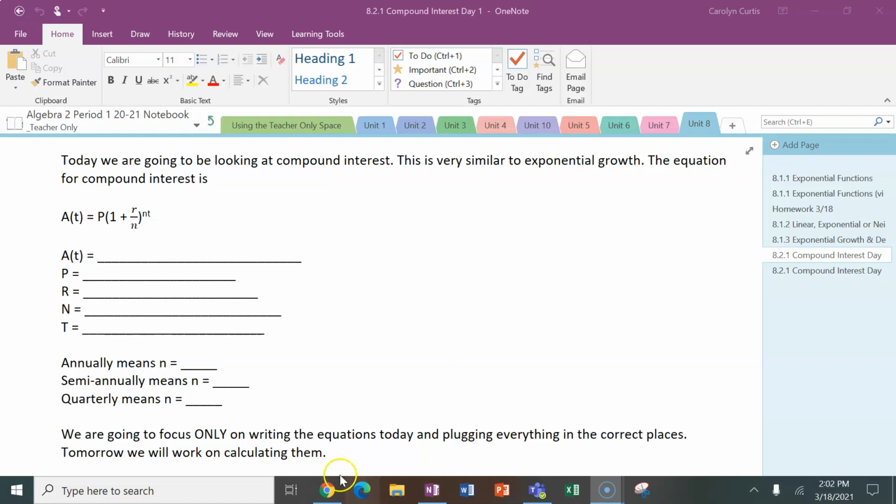A of t is going to become your total. P is the principal amount or the initial amount, sometimes also known as the deposit.